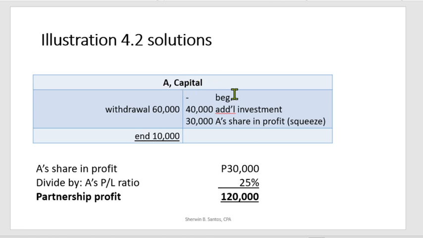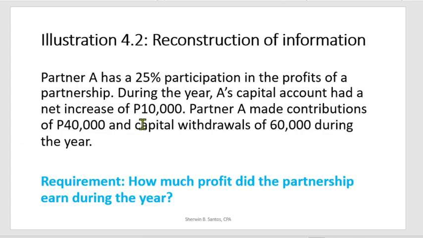So, ito yung capital. Walang naka-indicate na beginning. So, we assume that the beginning and the additional investment ay parang 40,000 ang total nun. So, additional investment, 40 sabi doon, nag-withdraw ng 60,000. Okay, ang sabi doon, nag-increase daw ang capital ni A ng 10,000. Tama ba?